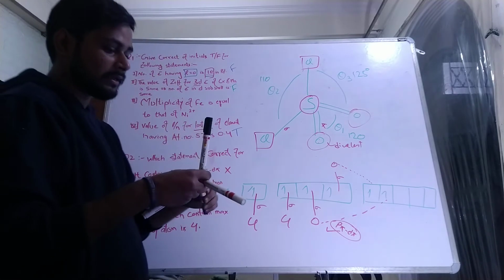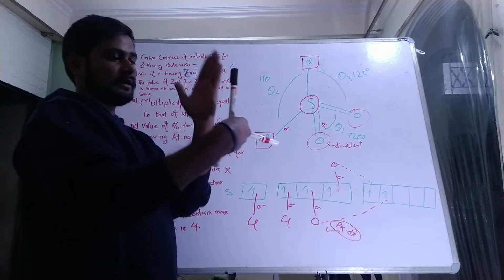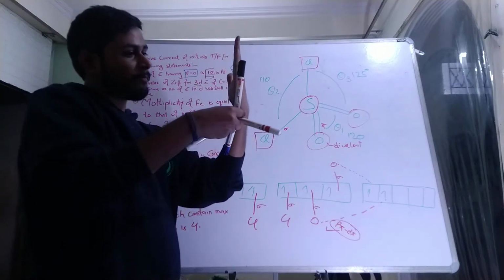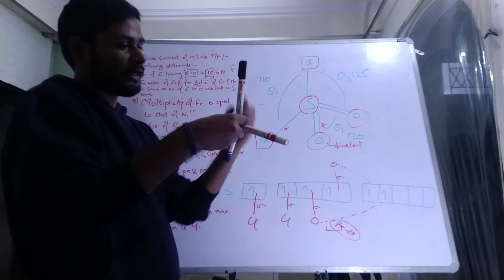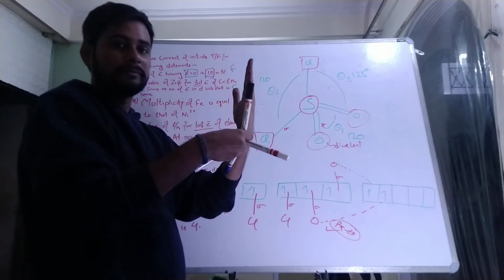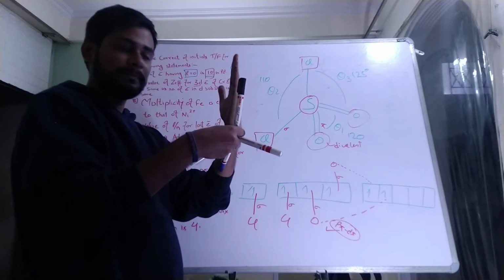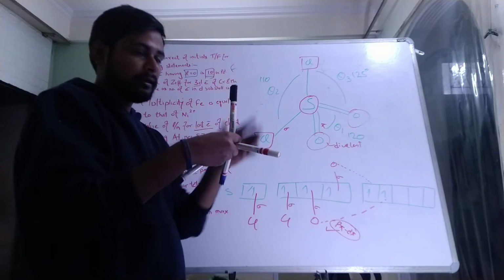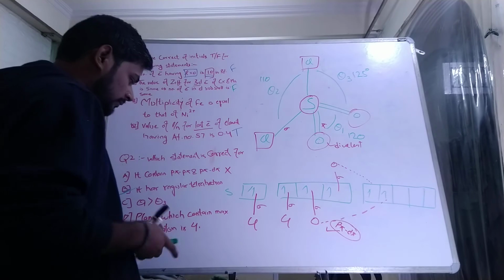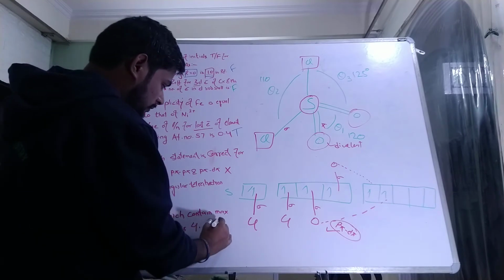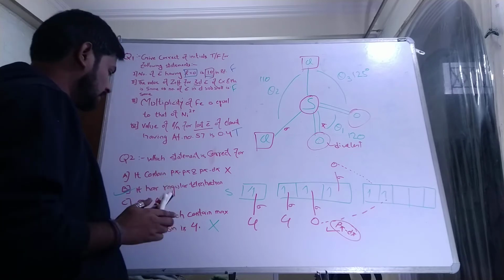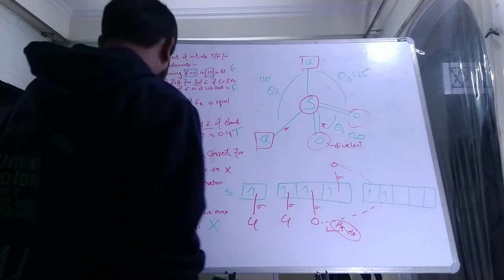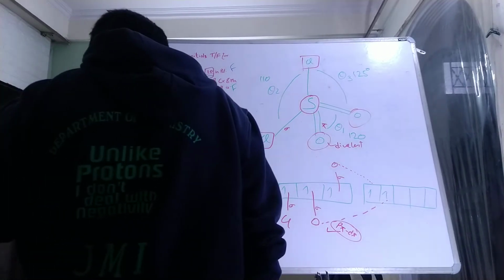But if we pass a plane from here, 1 2 3, there will be only 3 atoms which pass through the plane. So it is also false or wrong. So option B is correct. It has a regular tetrahedral geometry.